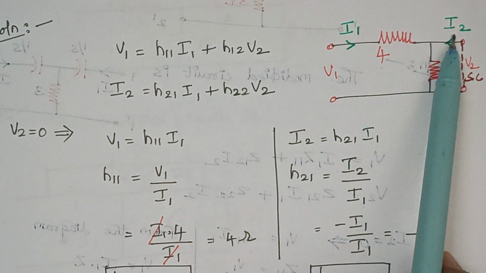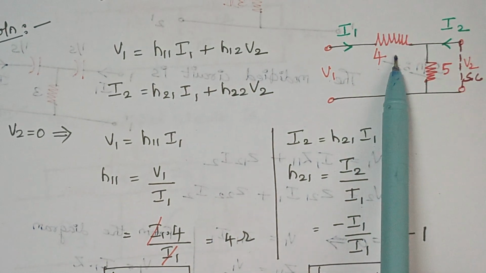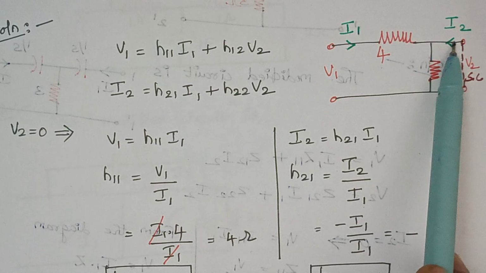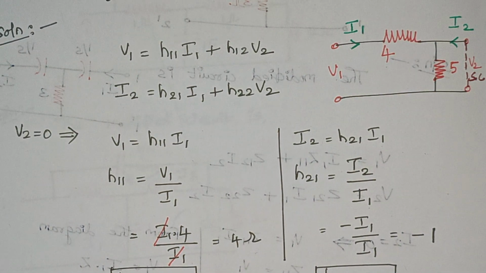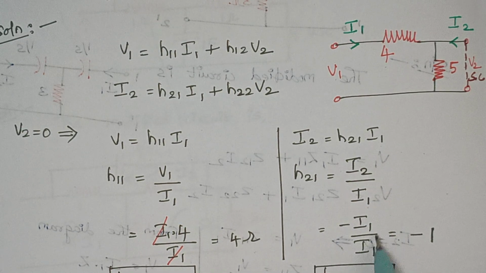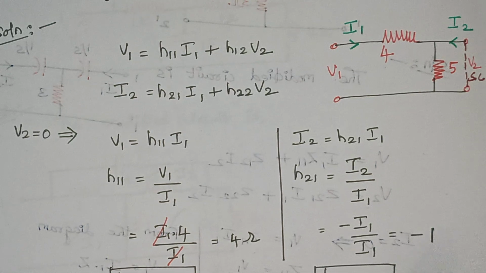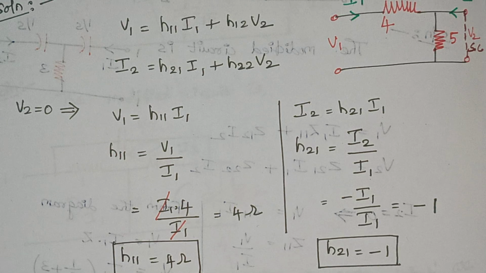So what about I1 and I2? They are the same because they both flow through this 4 ohm. So I1 is equal to minus I2, because the directions are opposite to each other. Therefore I2 can be replaced by minus I1, they cancel, and finally the answer is minus 1. So the value of H21 is minus 1.